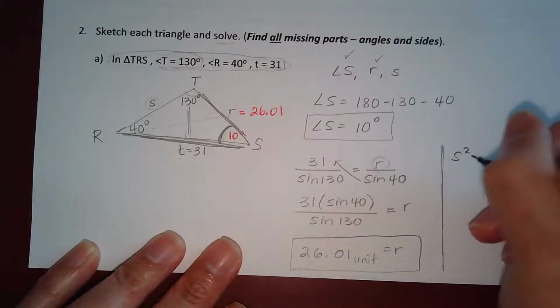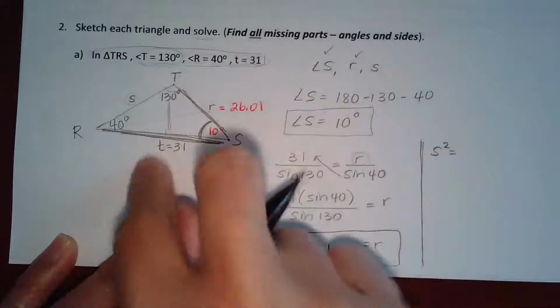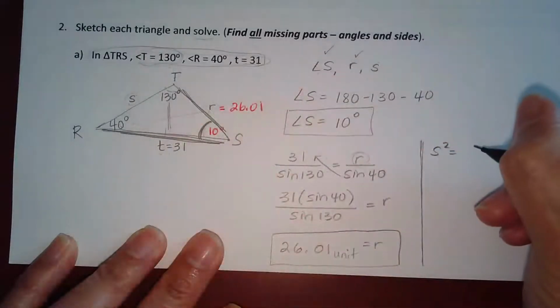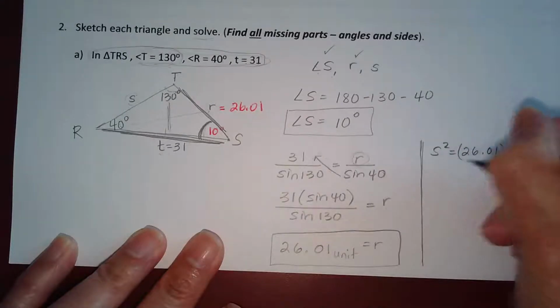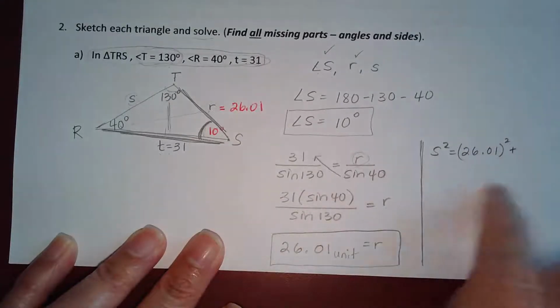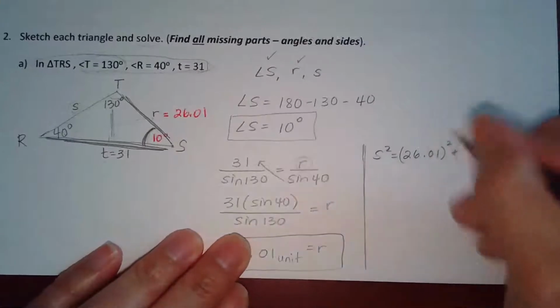So S squared is equal to these two sides, 26.01 squared. You don't have to put it inside the brackets.